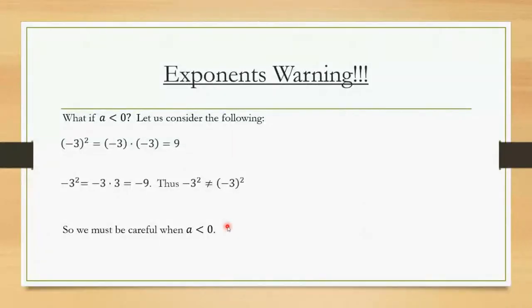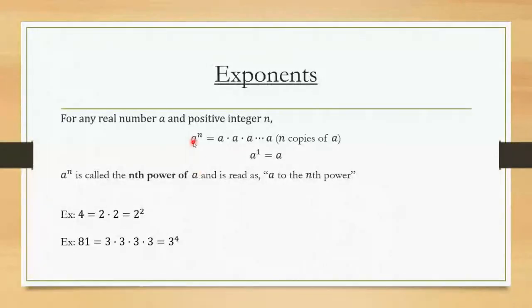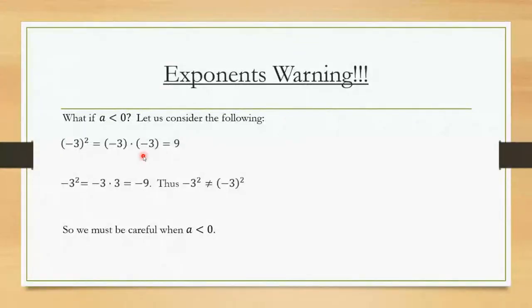You do have to be careful with exponents, though, especially when the base, the a, is negative. You have to be extra careful, and that's what this slide is showing you. Namely, (-3) squared, right?